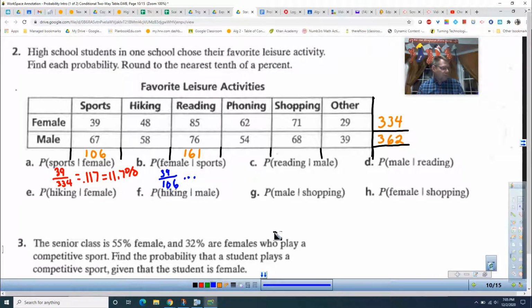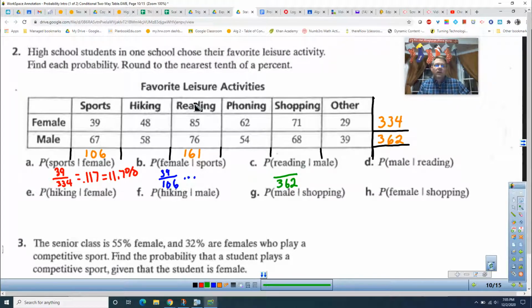All right, one more, and I'm going to leave the rest of these to y'all. So this is reading given that it's a male. So that means only the second row is what we're talking about. So our denominator is going to be 362.